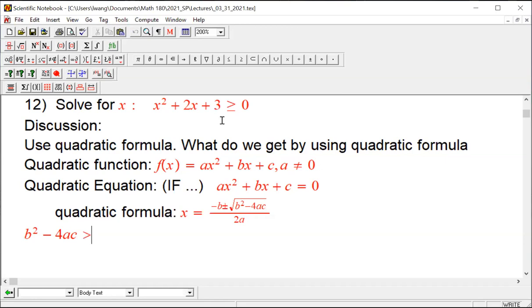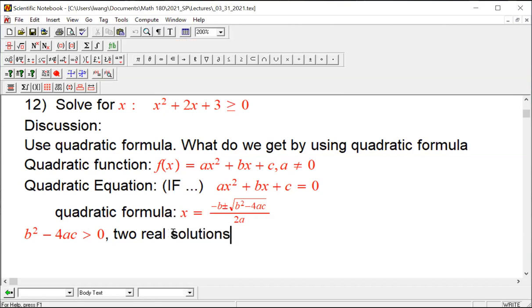So when this is larger than 0, we have 2 x-intercepts, two real number solutions.